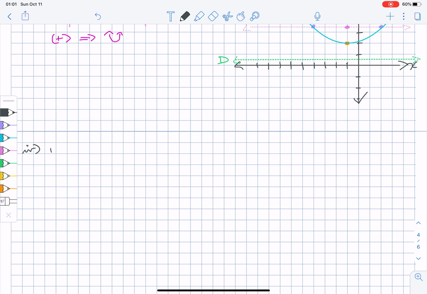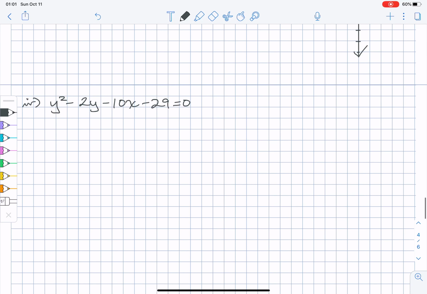So we have y squared minus 2y minus 10x minus 29 is equal to 0. So we'll have y squared minus 2y is equal to positive 10x plus 29.